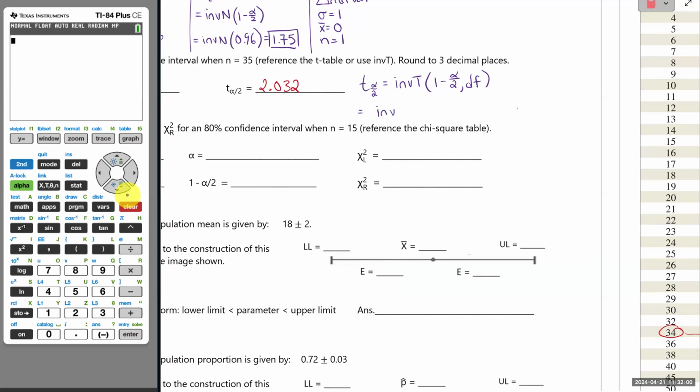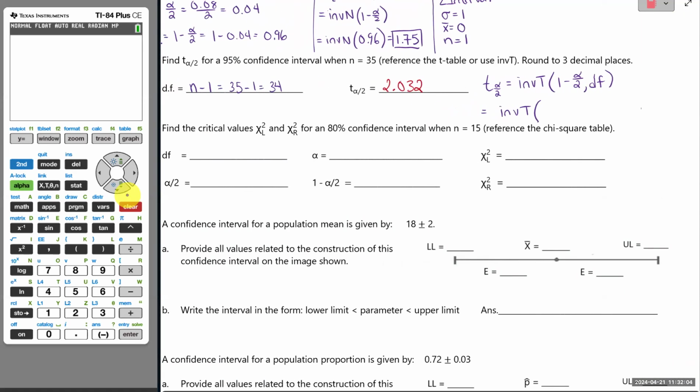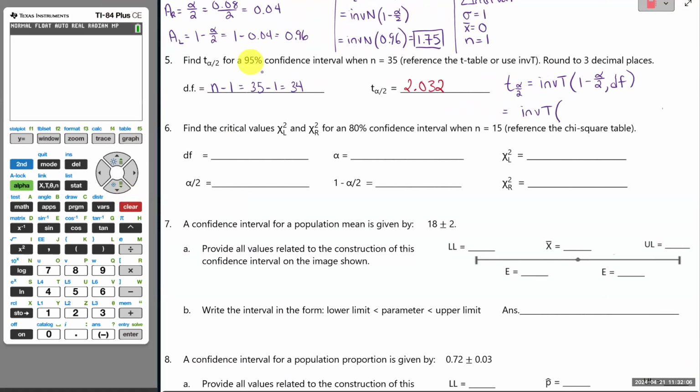All right, so inverse T. So I need 1 minus alpha over 2. So I'll just do that quickly here. So alpha, 1 minus 0.95, is 0.05. Alpha over 2 will be 0.025. And 1 minus that value of alpha over 2 will be 0.975.